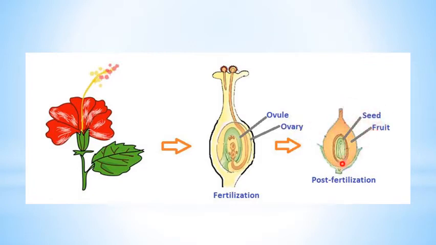So these are the post-fertilization changes, and the petals, sepals, stamens, style and stigma all fall off. That is what is called the post-fertilization changes.